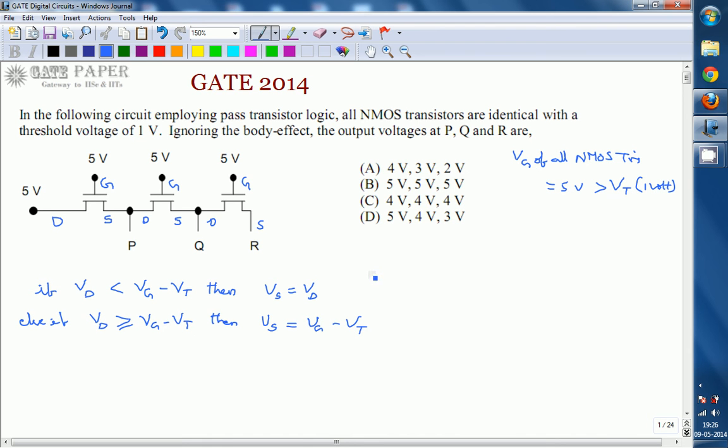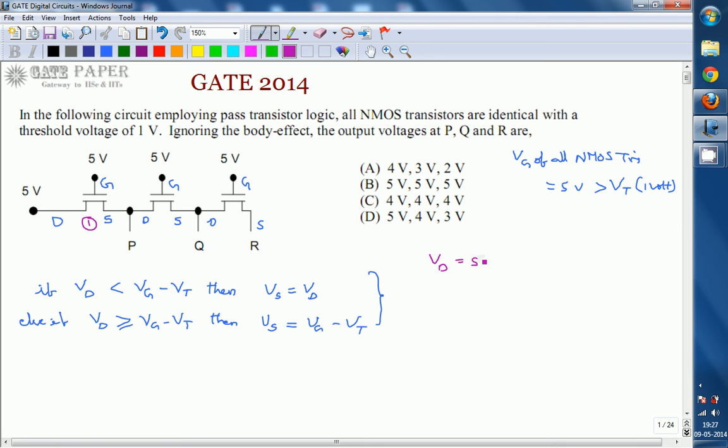Based on these two rules, we can get the voltages at P, Q and R. Look at the first transistor. Its drain voltage is 5 volts and its gate voltage is also 5 volts. What will be the voltage at P? That is the source voltage of the first transistor, so we must check whether Vd is greater than or equal to Vg minus Vt, or less than it.